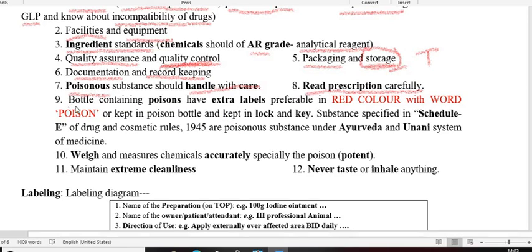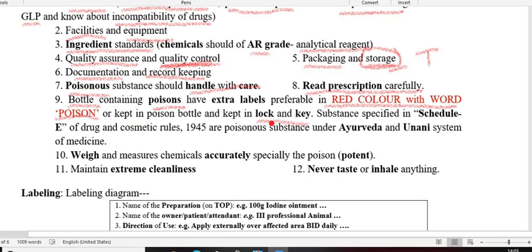Also, if you are keeping a poison in a bottle other than a poison bottle, or even in a poison bottle, you have to mark it with red ink, a red color pen, with the word poison. So anybody who comes into the lab should see that the container contains a poisonous substance, and it is better to keep these poisonous substances under lock and key.